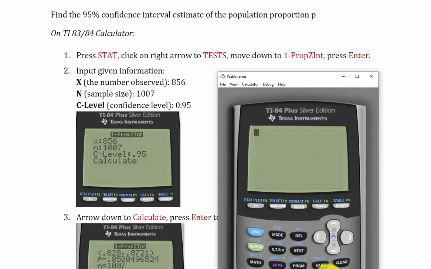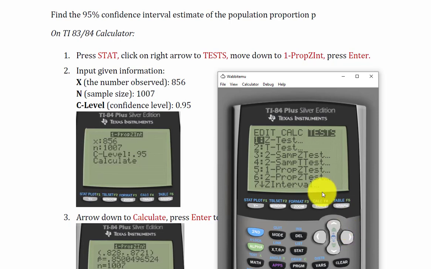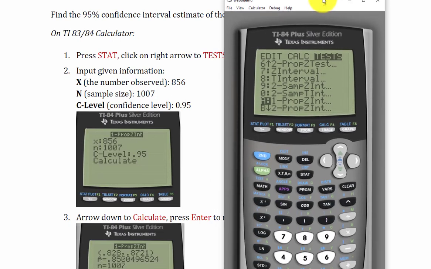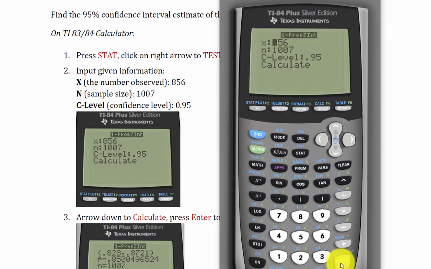Press the STAT key, which is right here, and then click the right arrow to TESTS, which is right here, and move down to 1-PropZInt, scroll down here, 1-PropZInt, and then hit the enter key. The enter key is right here.